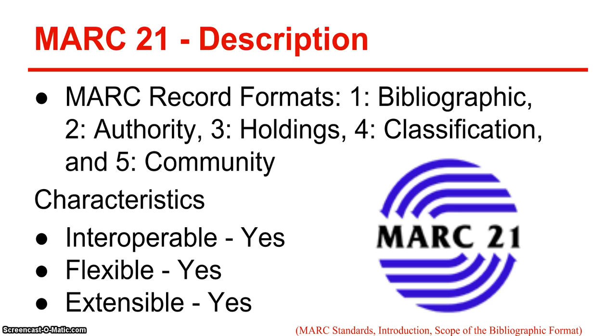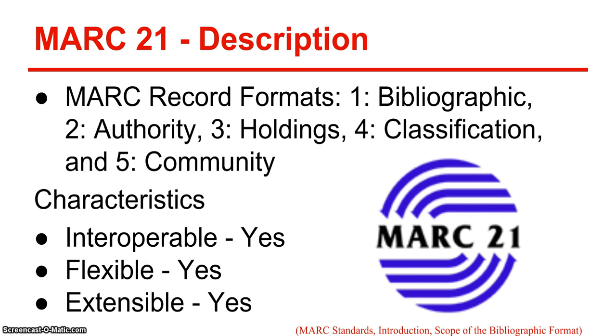MARC 21 is interoperable. As mentioned earlier, it plays well with other schemas like AACR2, RDA, and Dublin Core. MARC 21 is flexible. Many institutions outside the Library of Congress have adopted MARC 21 because the existing elements can be used to describe new data sets.